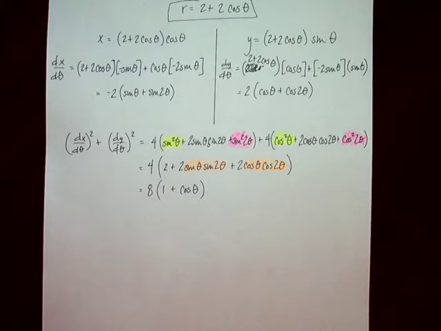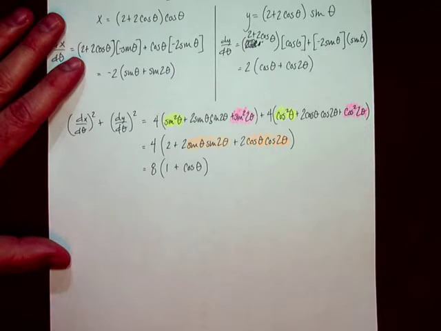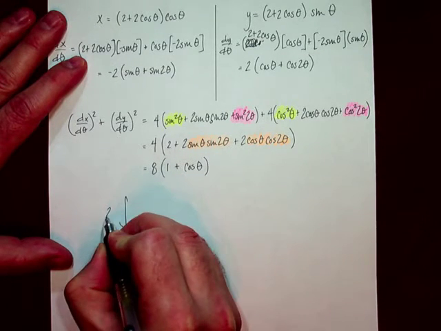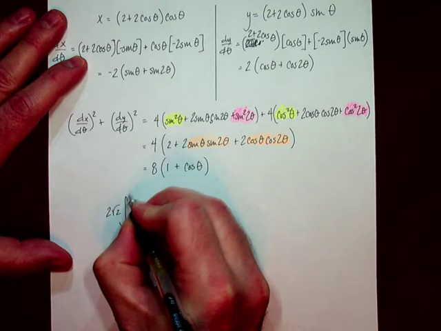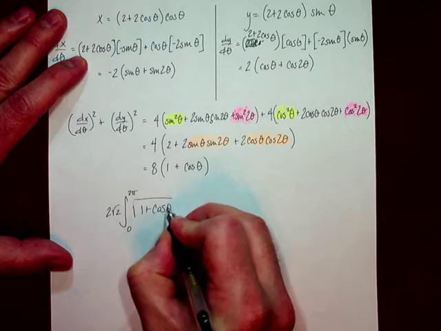Now, of course, I've cut out a lot of these steps, and if you did all the steps, you'd be pouring off the bottom of the page probably. But once you get to here, you can then put it as 2 root 2 integral from 0 to 2 pi of the square root of 1 plus cosine theta d theta.